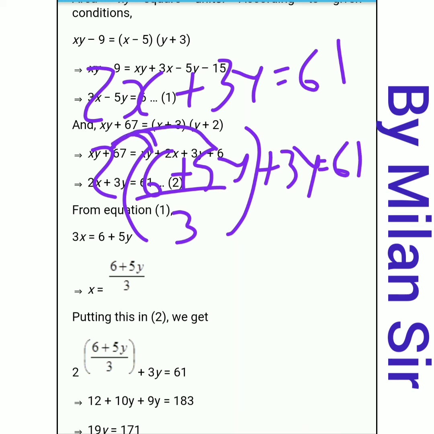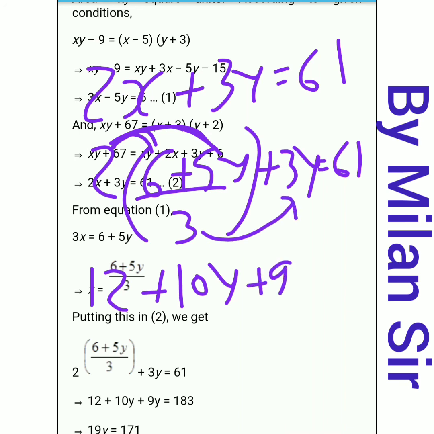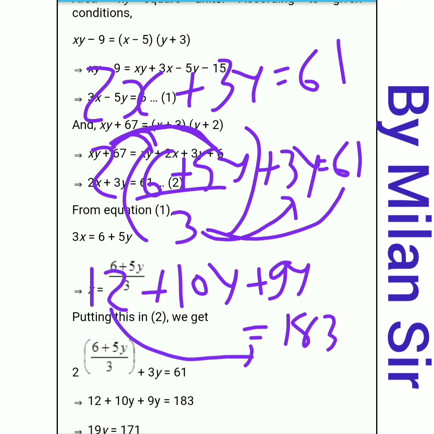First of all, 2 into 6 is 12, 2 into 5y is 10y, and we take the LCM on both sides, so this 3 we need to multiply with our second term. So 3 threes are 9y, and on the right-hand side 3 into 61 is 183. Now transfer this plus 12 to the right-hand side.